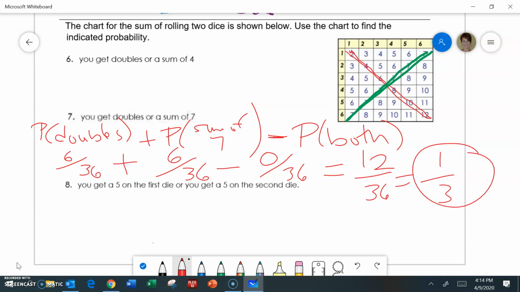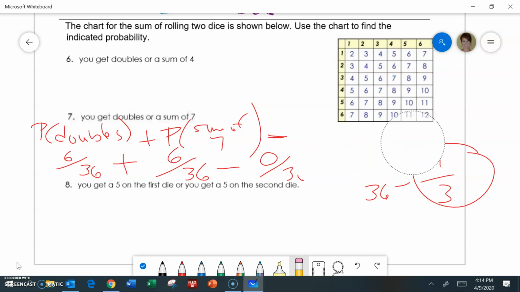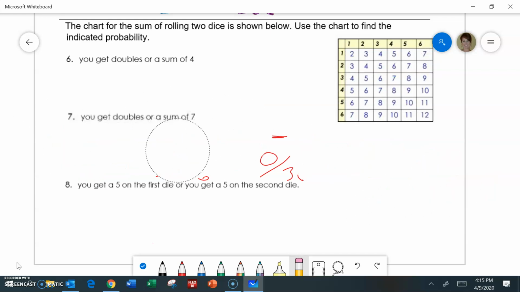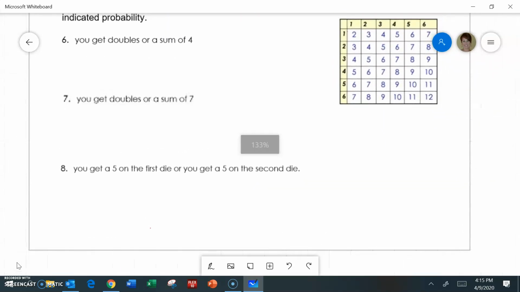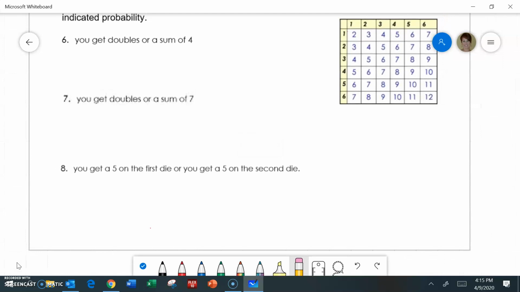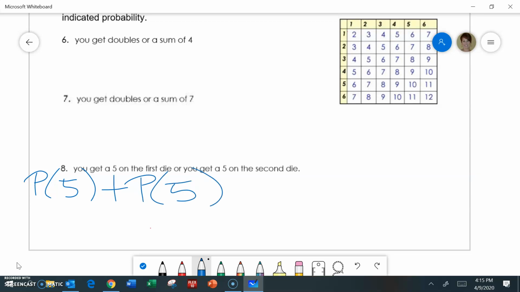All right, and finally, if this confused you as you were doing the warm-up, I'll walk you through this now. As I'm talking, I'm going to erase above so it doesn't get confusing. But for number 8, we're looking at the probability that our first die is a 5, and the probability that you get a 5 on the second die.